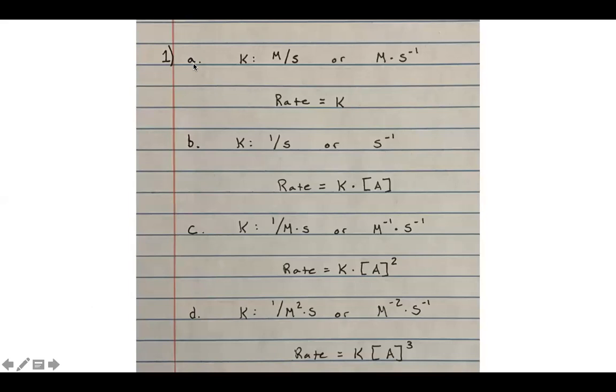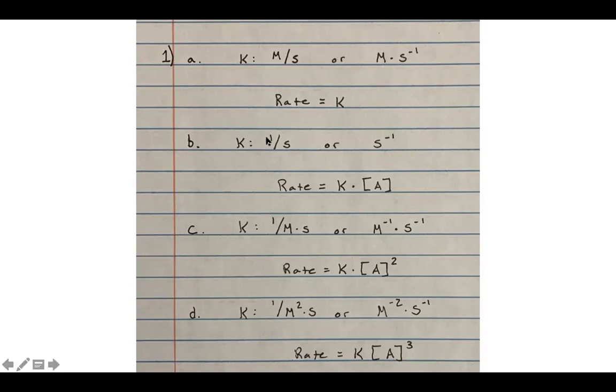Okay, so A was for a 0 order reaction. An example rate law for this would be stated below, right? Rate equals K. And that's because for 0 order reactions, the rate is actually independent of reactant concentration, right? So there is no concentration of reactant here because it'd be raised to the 0 power, and anything raised to the 0 power is 1.